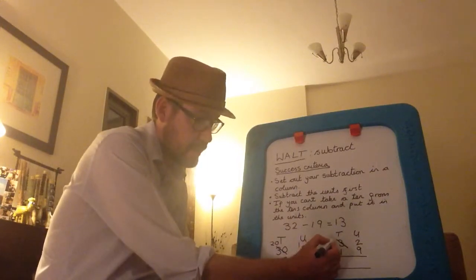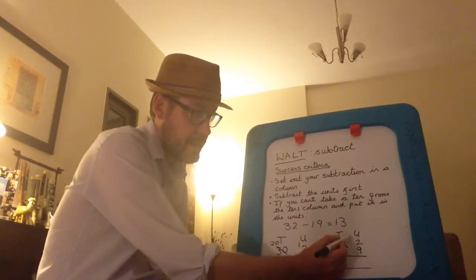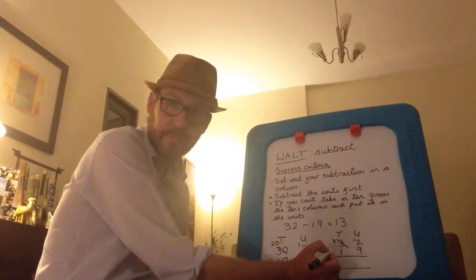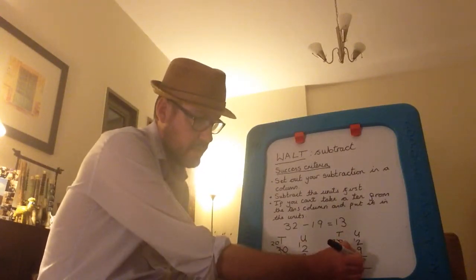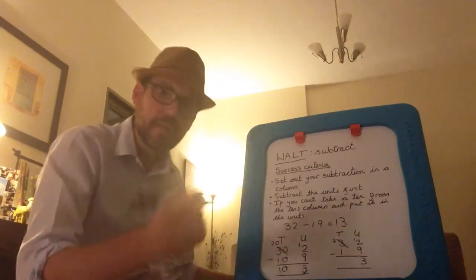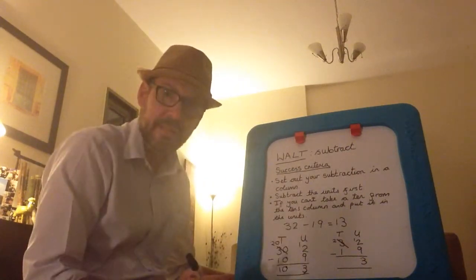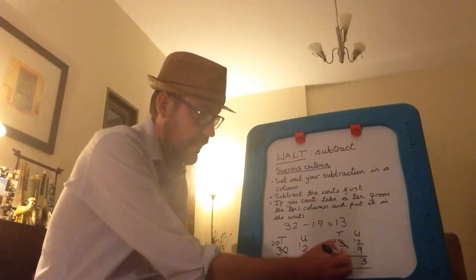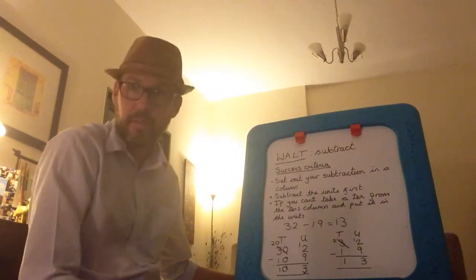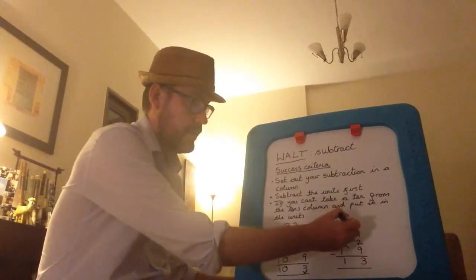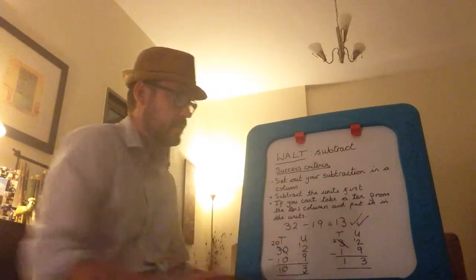That's going to make that a 20. And I'm going to bring the 10 over to make it 12. 12 subtract 9, we know is 3. And you're guessing it, 20 subtract 10 is 10. So you get the same answer, 13. And there it is, 13.